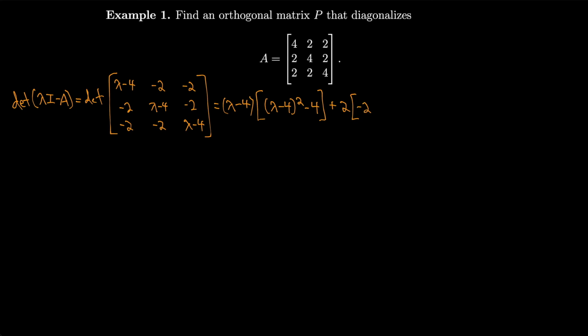So that's minus 2, lambda minus 4, minus 4, minus 2 for the last cofactor. So that determinant gives me 4 plus 2 times lambda minus 4. And that would be equal to lambda cubed minus 12 lambda squared plus 36 lambda minus 32.